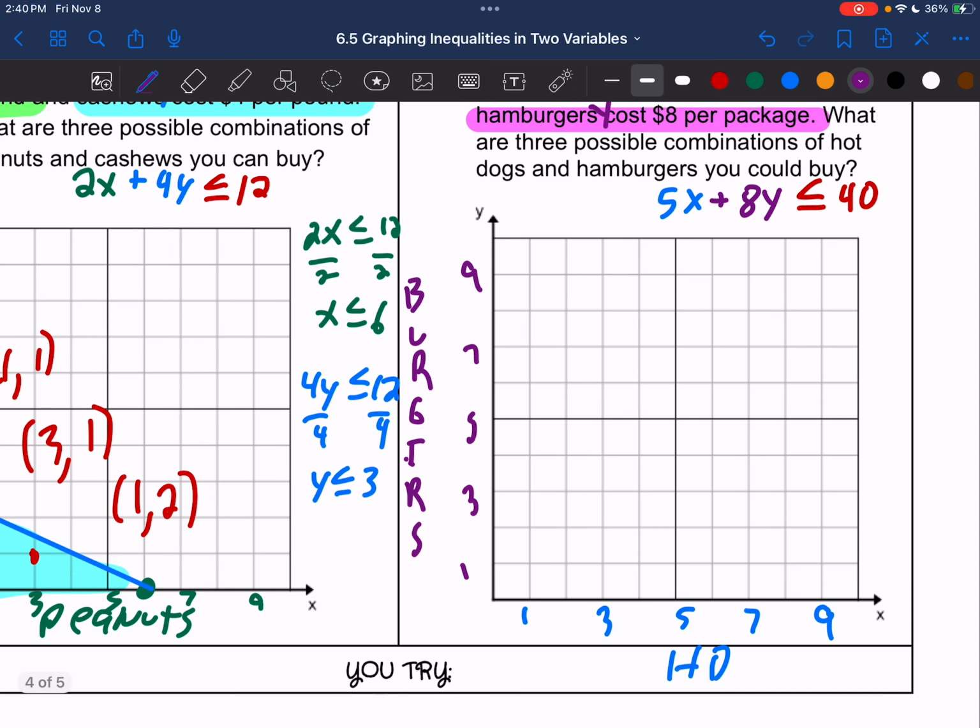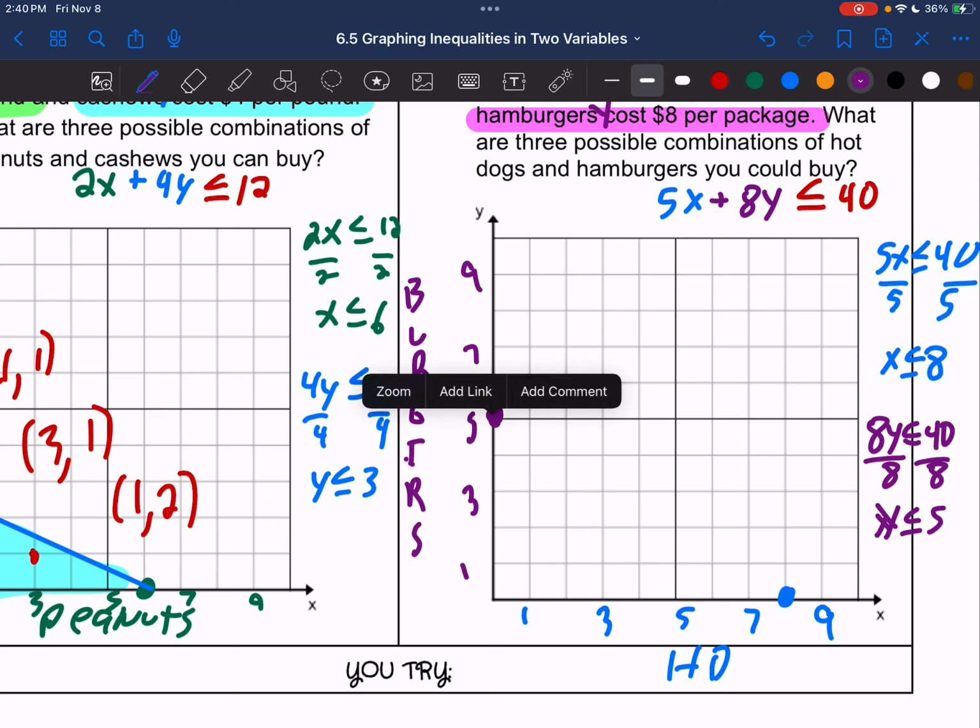If we do 5x is less than or equal to 40, divide by 5. X is going to be less than or equal to 8. So I'm going to have a point at 8. 8y is less than or equal to 40. Divide by 8. Y is going to be less than or equal to 5. So our point is at 5 on our y-axis. And now we draw in our line.